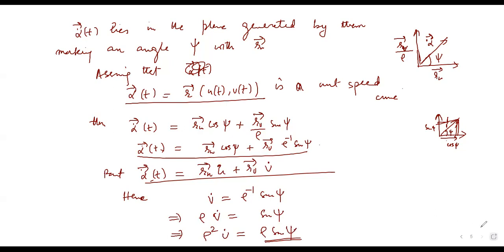Before this, we derived the geodesic equations by which we test whether a curve is a geodesic or not. So far we have got rho square v dot is equal to rho sin psi.